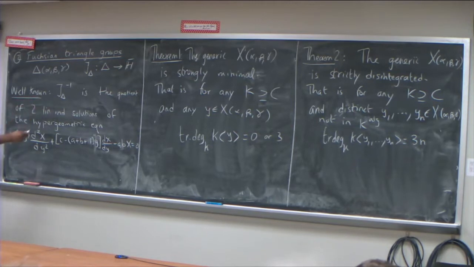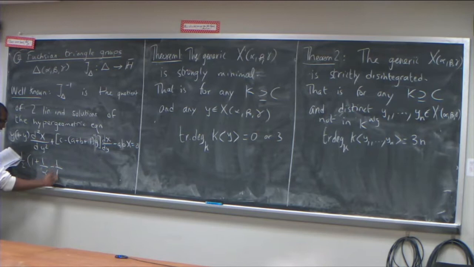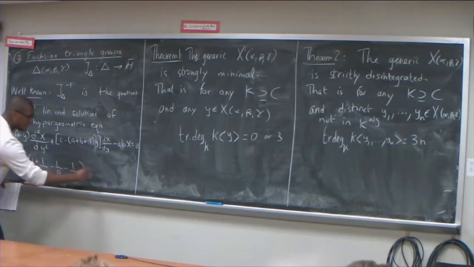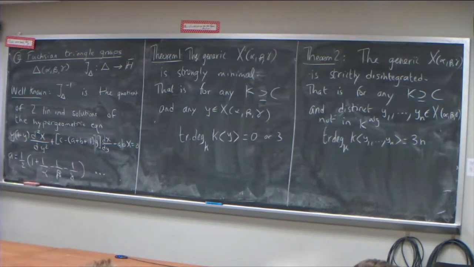And so what are these a, b, c's? They are related by the parameters 1 over alpha and 1 over beta.